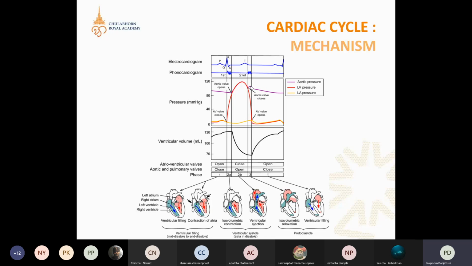After the valve closes, some blood goes back toward the valve, and then there is a rebound of the blood flow and it goes forward again. So this bump is caused by the aortic valve closing.